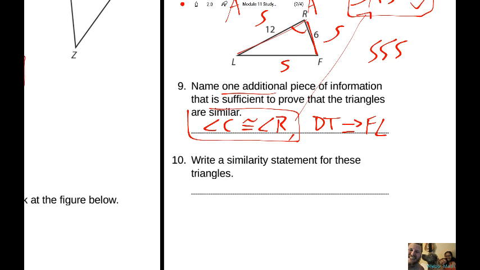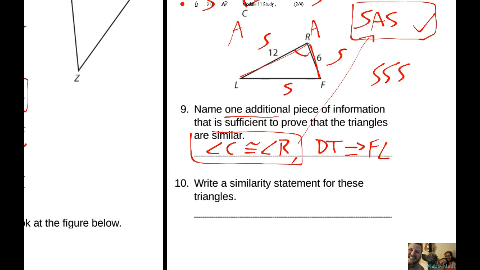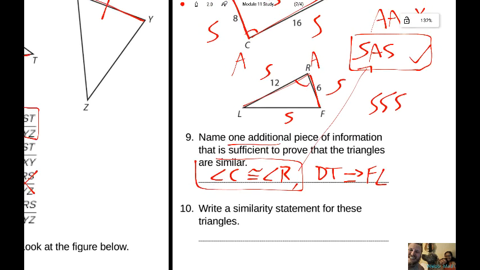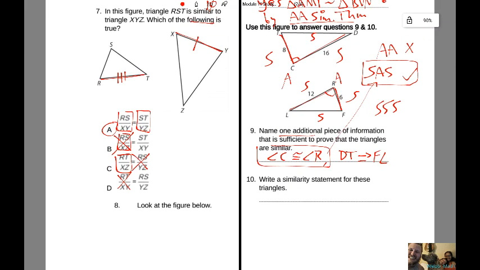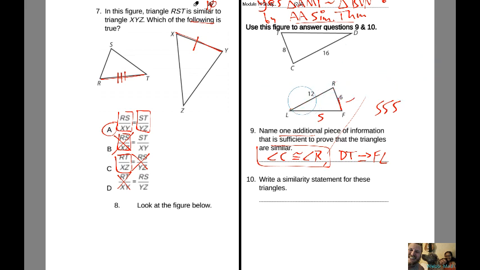All right, now statements. Statements are pretty extensive, and I believe on your test you need at least 6 for full credit. First, let me clear it up a little bit so you can see visually what's going on. This small guy, CT, should be proportional to RF.